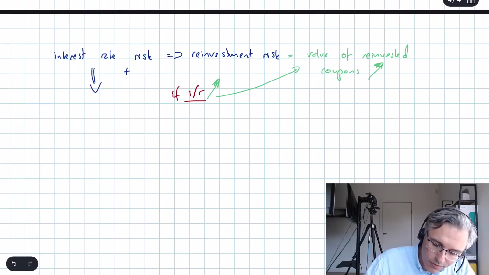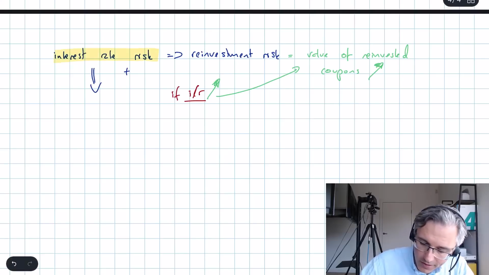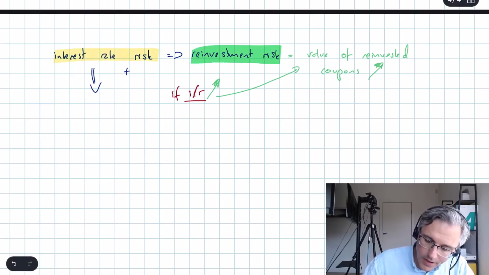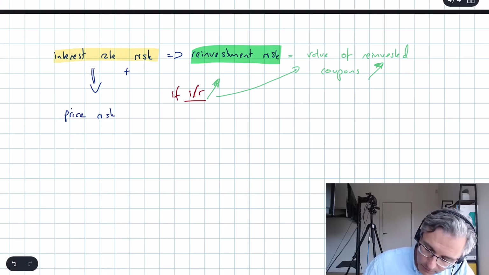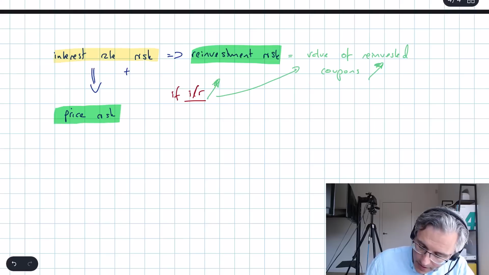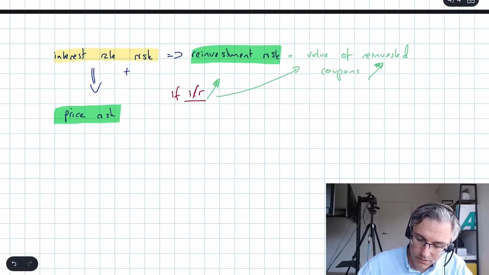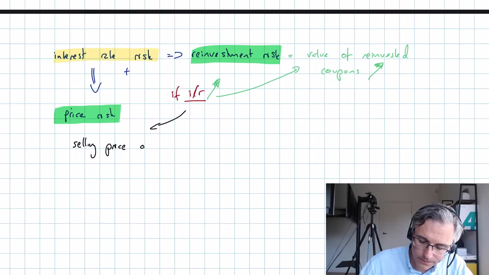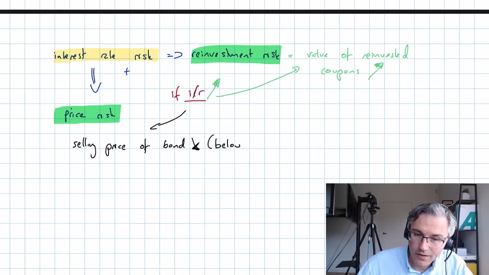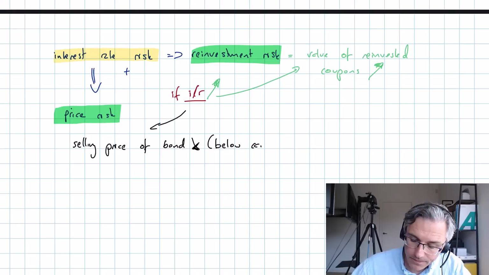However, there is the other aspect of interest rate risk, and both are extremely important. The other aspect is something we call price risk. Because that interest rate going up will have the effect of making the selling price of that bond go down, obviously below the carrying value.